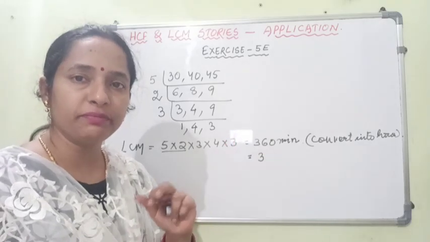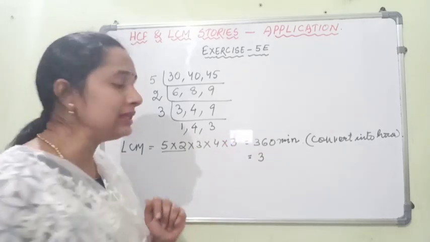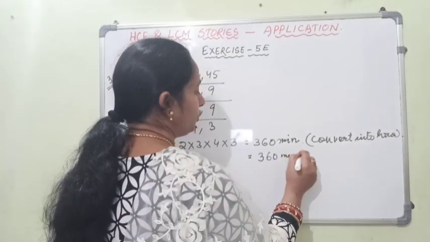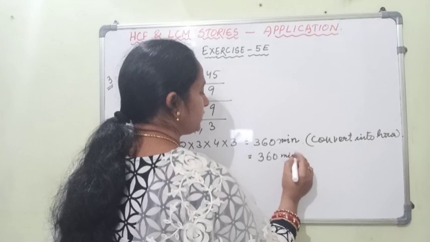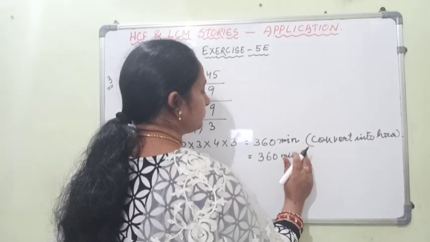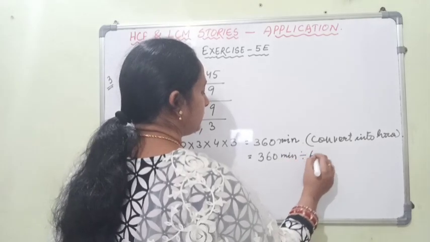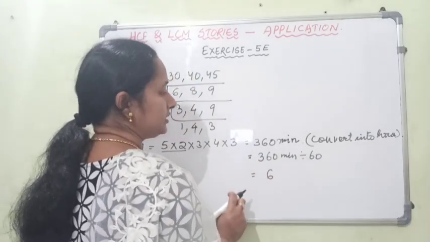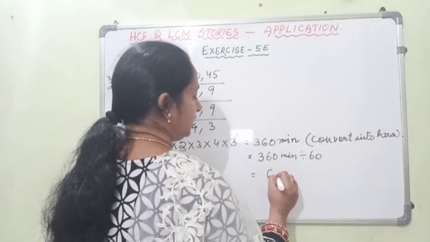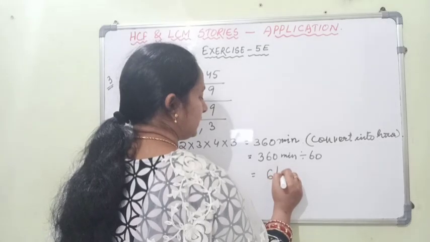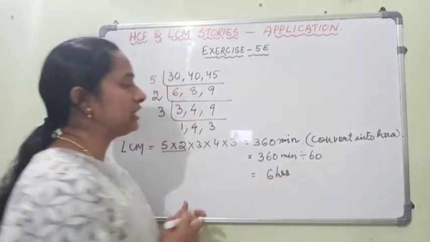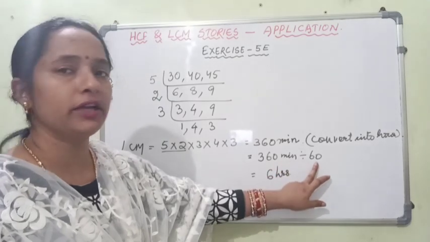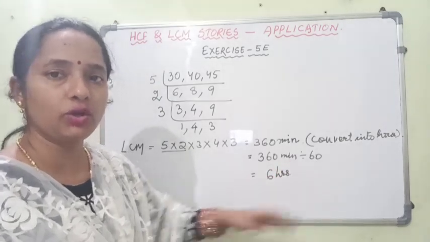We can convert minutes to hours by dividing by 60. So 360 minutes divided by 60, 6 6s are 36, you will get 6 hours, because when 360 minutes is divided by 60, the minutes change to hours.